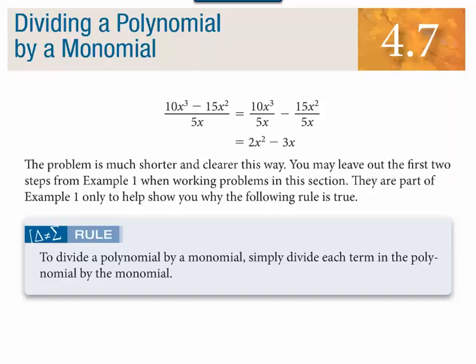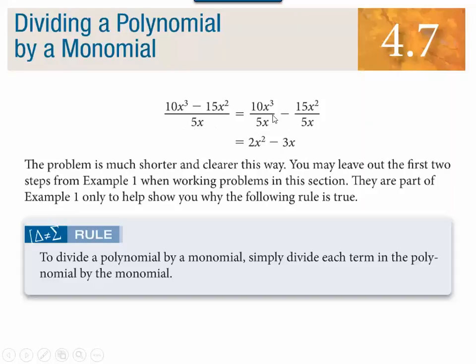Alright, so by way of example, how do we divide a polynomial by a monomial? Monomial just means we have a single term on the bottom, that's it. Well, this is easy then. If you have a single term on the bottom of a fraction bar, we're allowed to split it into 2 different fractions.